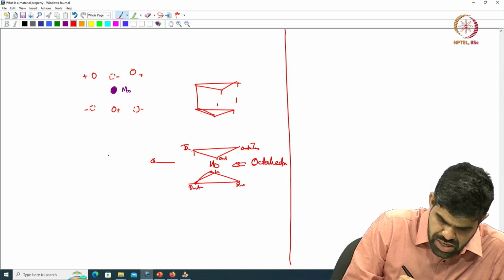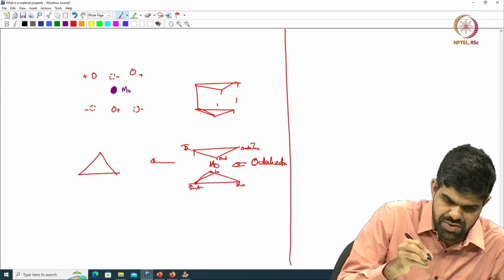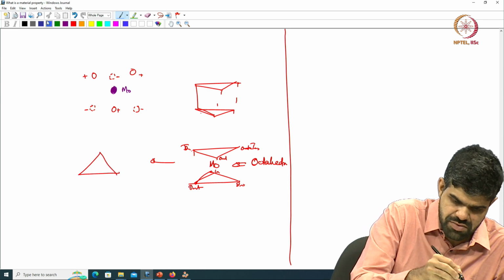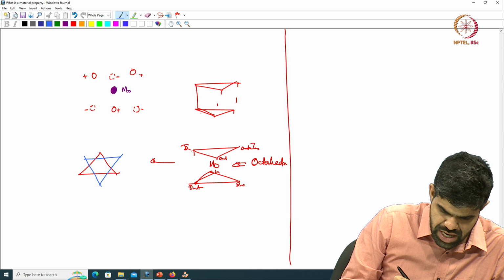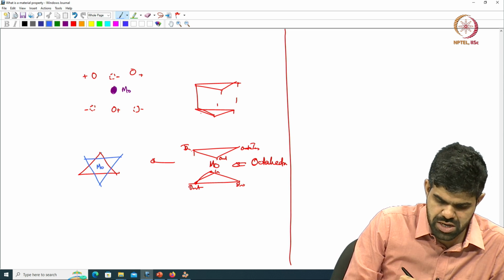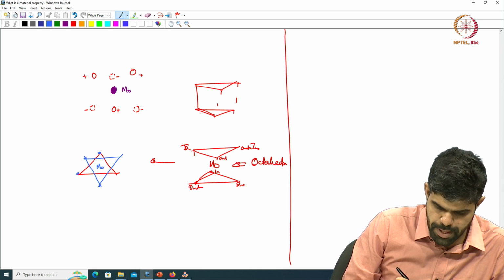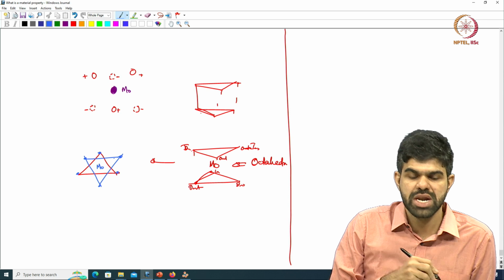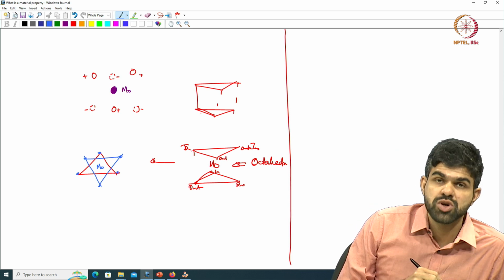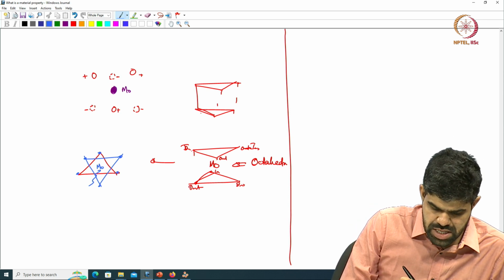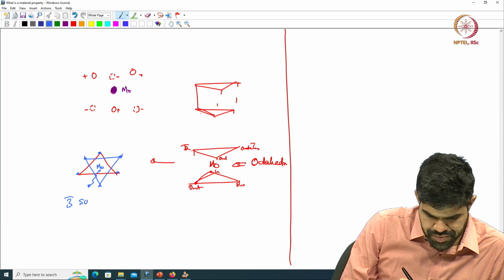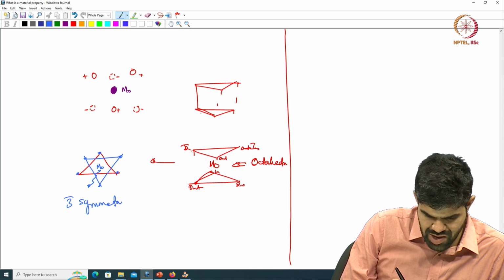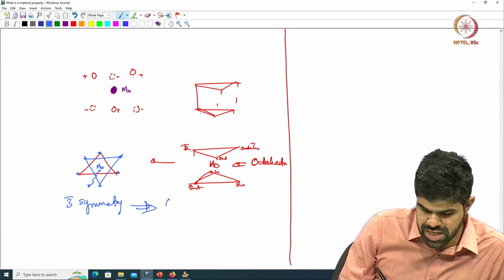As a result you get a back triangle which is in red, a front triangle which is in blue, and molybdenum in between, with 6 sulphur atoms, bonded to 6 sulfur atoms. So, what is this? This is a 3 bar symmetry, or what I have here is an octahedron.